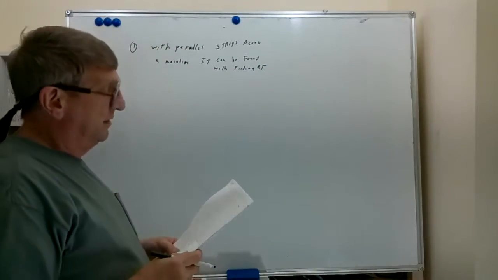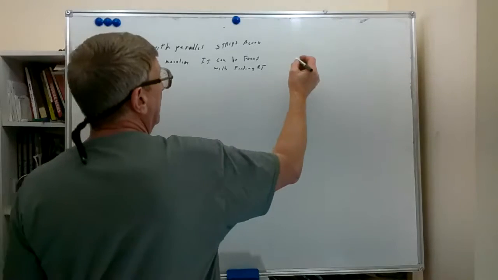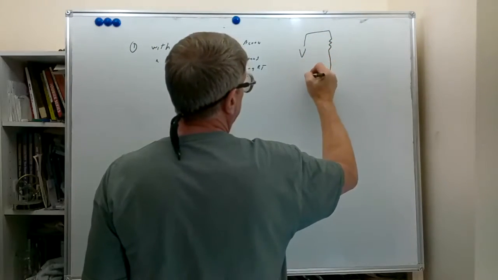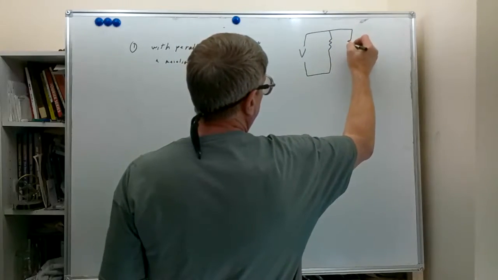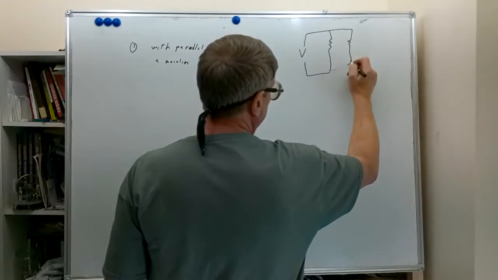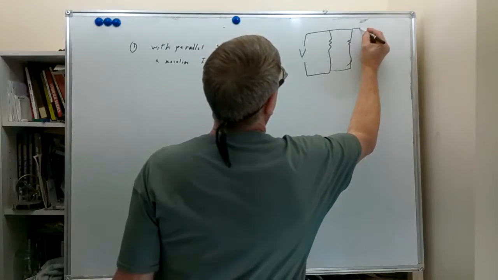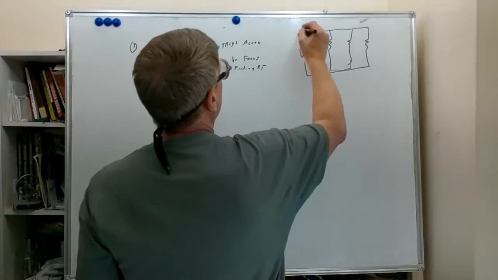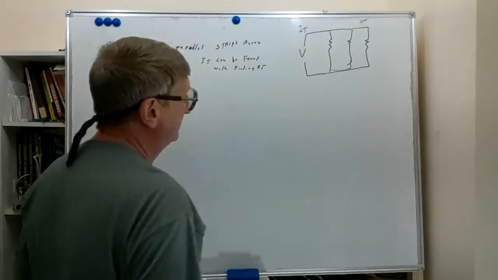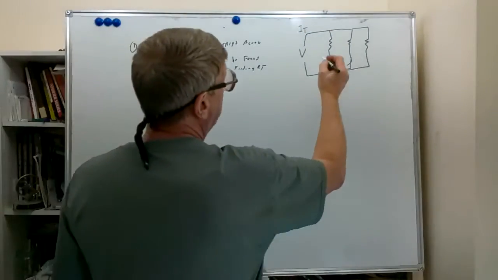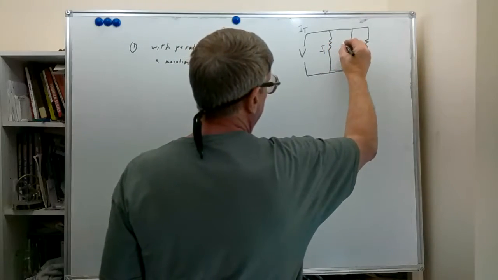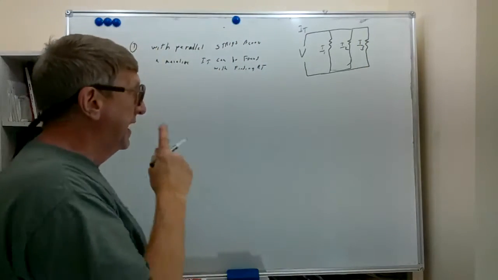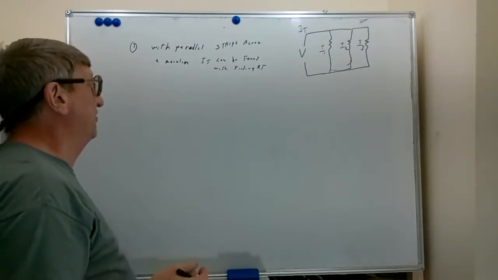So what does that mean? If we have a voltage source and we have several branches of resistance, we can find IT, the total current, by finding I1, I2, I3, and adding them together. We did not need to do the total resistance.